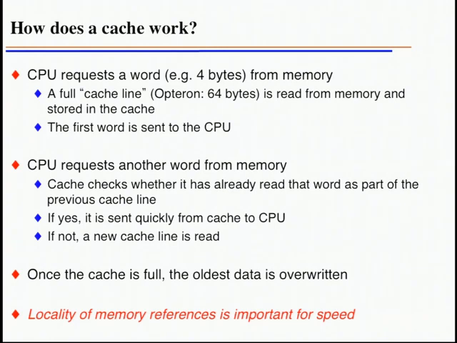Whereas if you do some random access in your main memory, and you read something from there and then something from a totally different location, then the cache is useless. So that's why the so-called locality of your memory references is very important for speed. Okay, are you with me at this point? Very good.